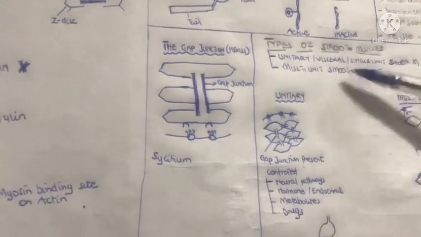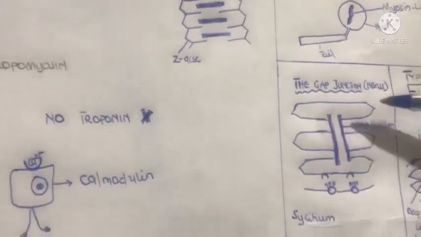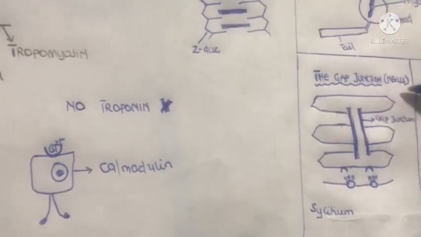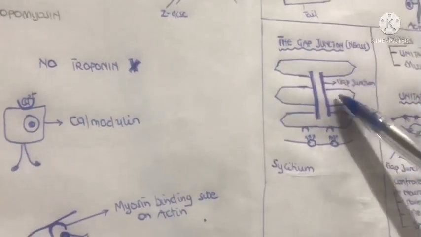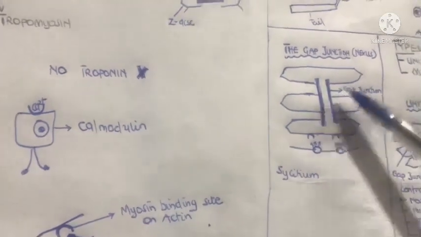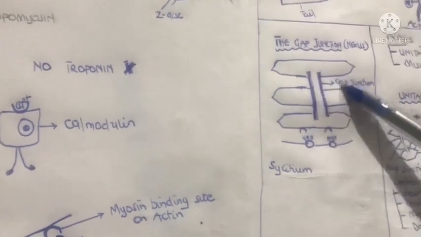You see, before I even talk about these types, let's talk about the gap junction. The gap junction is also known as the nexus. So this is the smooth muscle, and all of them are being linked by this gap junction.